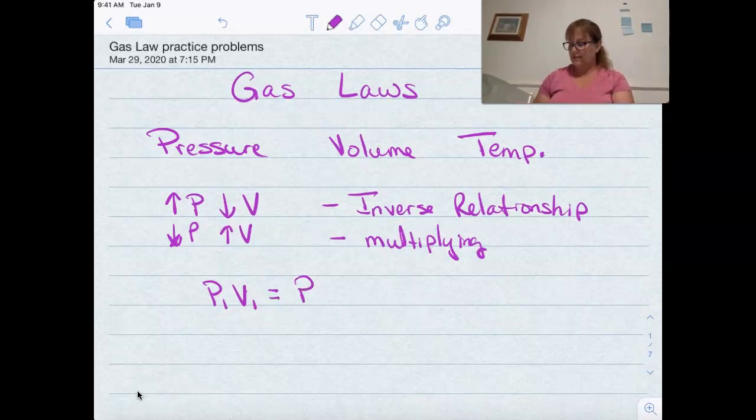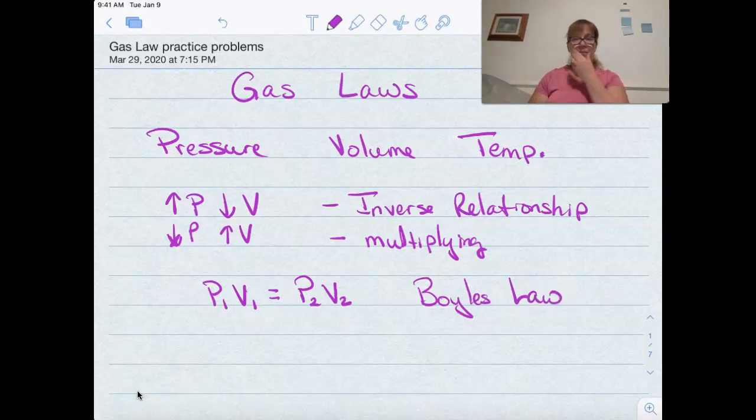So we write this like this. My initial pressure and volume, my P1 and my V1, is going to be equal to my second pressure and volume multiplied, right? So P1 V1 equals P2 V2. This is known as Boyle's law. Not necessarily important that you remember the name of each of these laws. I'm just putting it out there for history and reference sake.